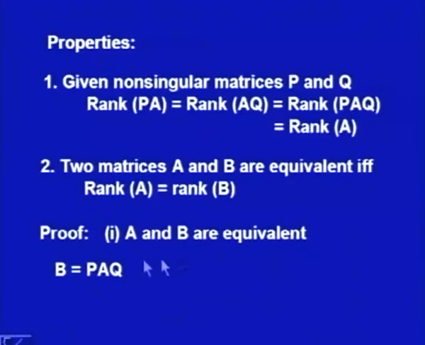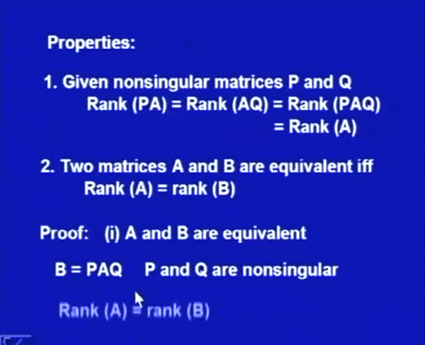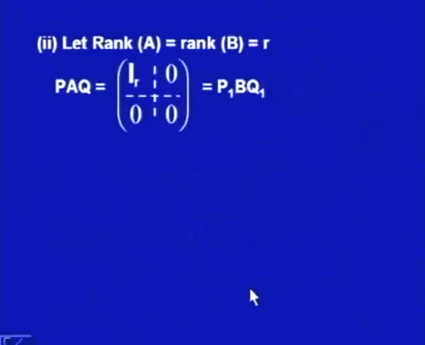So the two matrices are equivalent if B is equal to PAQ, where P and Q are non-singular, then rank of A is equal to rank of B, because P and Q are non-singular.